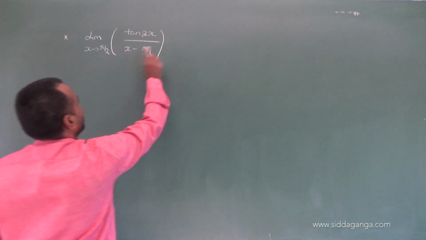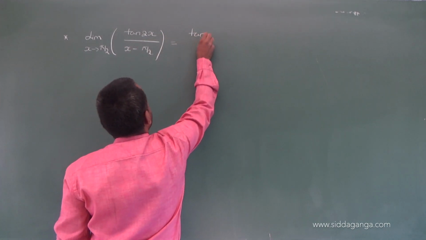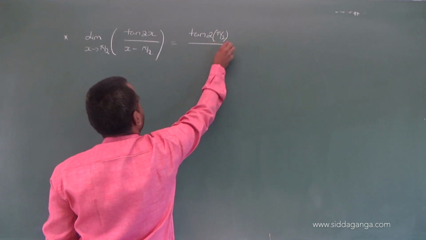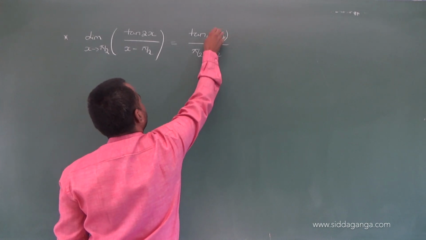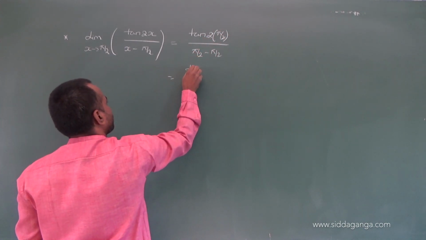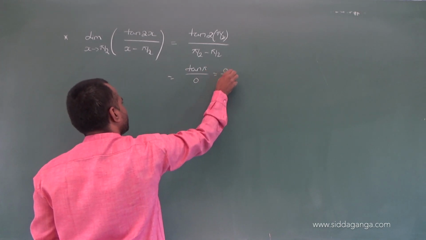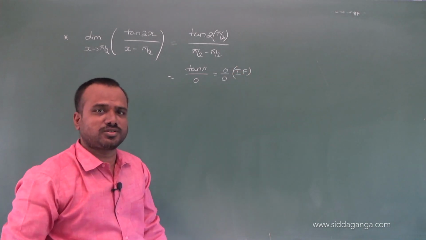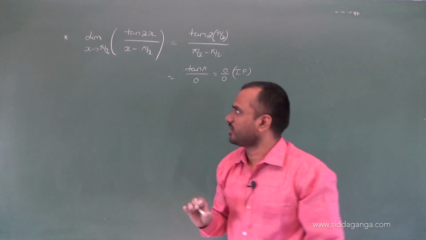Firstly we substitute the value: wherever x, pi by 2. 2 into pi by 2 is pi, and pi by 2 minus pi by 2 is 0. Tan pi is 0, so 0 by 0, an indeterminate form, correct?